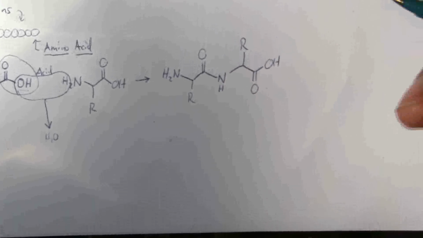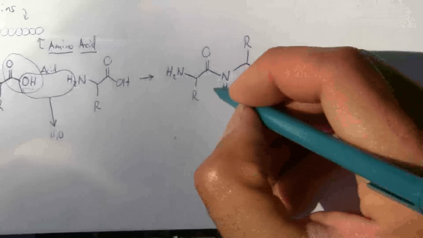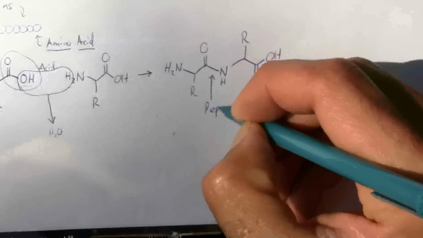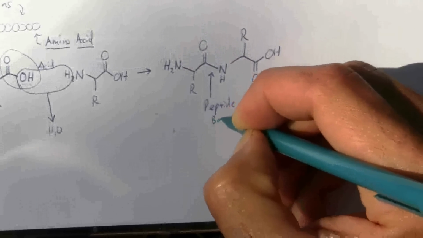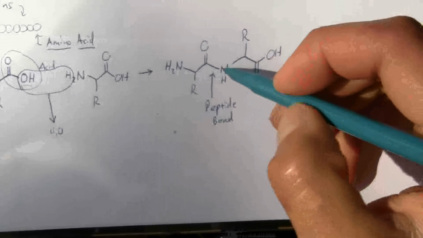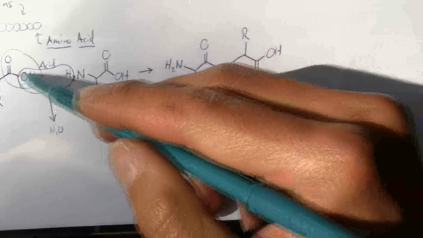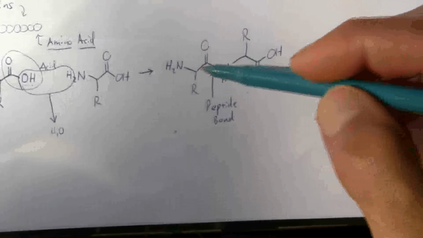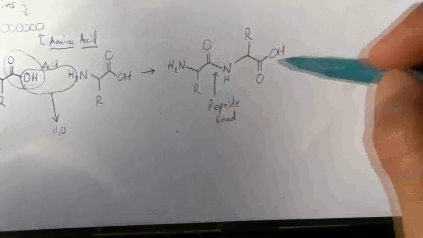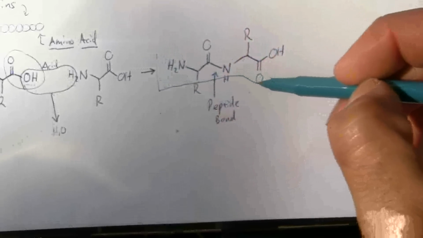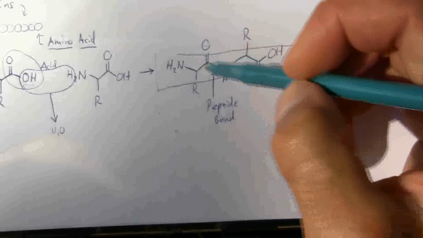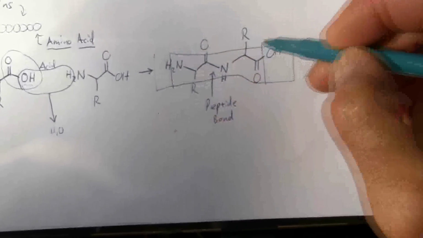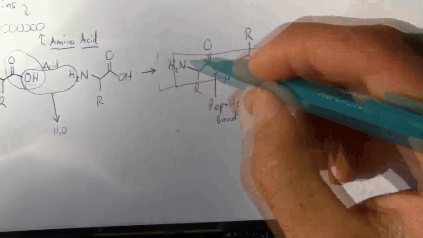Of course, this is done in the body with the help of enzymes and whatnot. But here we have what is called a peptide bond. The bond that hooks those two there, that forms the peptide bond. And we call this the peptide backbone. This would be the peptide backbone, actually not including the hydrogen or the OH there, because those are the linking elements.